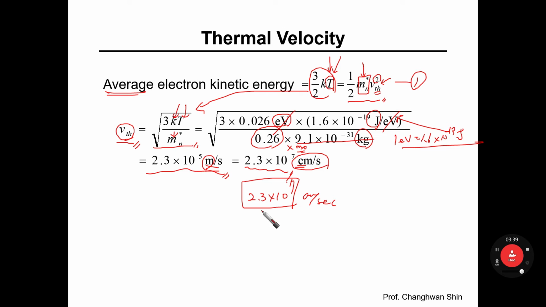That is almost half of the population of Korea. And in Seoul Metro City and Gyeonggi Province, about 27 million people are living in and near Seoul. So that would be a good hint of how fast the thermal velocity of an electron in silicon is.